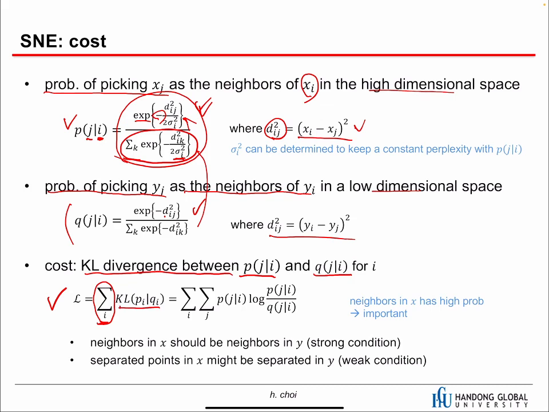And if we rewrite this KL divergence, then this is it for a sample i. And if you look at this one, the p of j given i is kind of the weight, right? So if the sample j is really close to sample i, then we consider this as a more important neighbor.